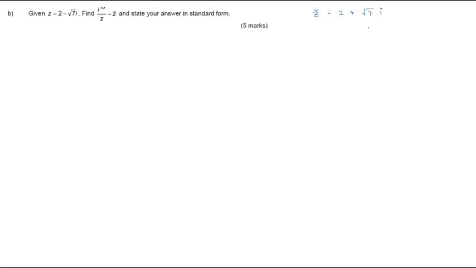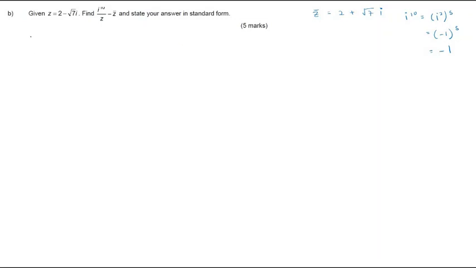And then here we have i power 10. Start with i power 2. How to get 10? 2 multiplied by 5. i power 2 is negative 1, and negative 1 power 5 is negative 1. So we can substitute i power 10 with negative 1, and the conjugate of z is positive square root 7i.